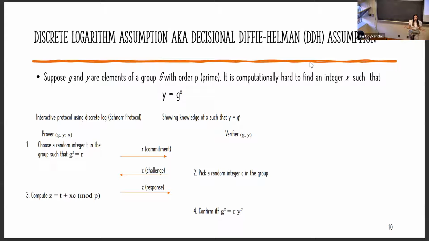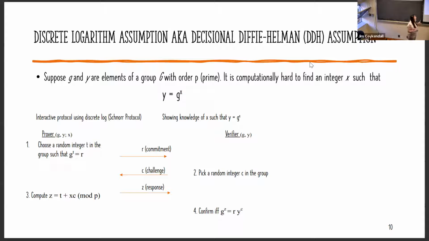P is not like 3 or 4, P is thousands of digits. It is computationally hard to find an integer x such that y equals g to the x. When I say computationally hard, I don't mean it would take your computer a day to run. It would take thousands of years to actually break this, which is not feasible. With the emergence of quantum computers it could be, but as of now, it's secure.